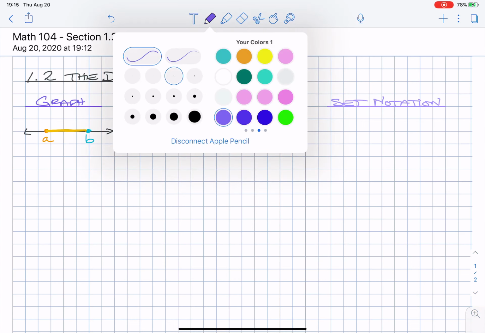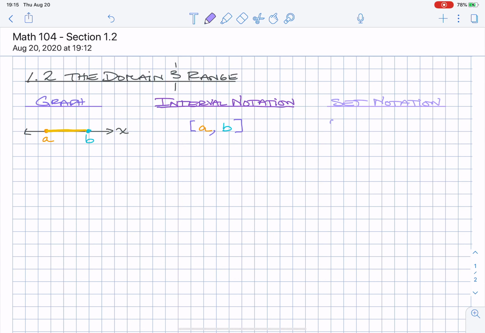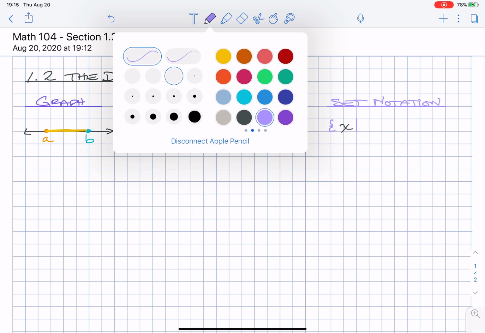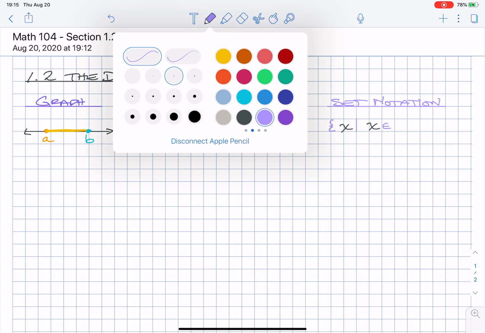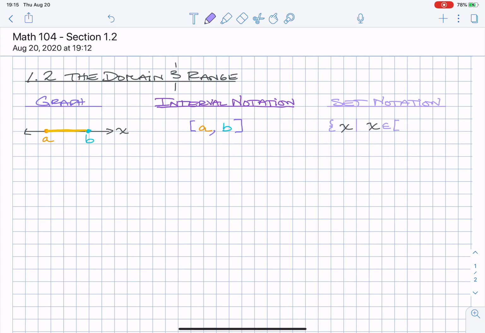Now set notation, on the other hand, would be curly bracket, the set of all values of x such that, where such that is just a straight up and down line, x is an element of the interval from A to B. Notice I'm still using the interval notation within my set notation, but set notation adds the set of all x's such that.